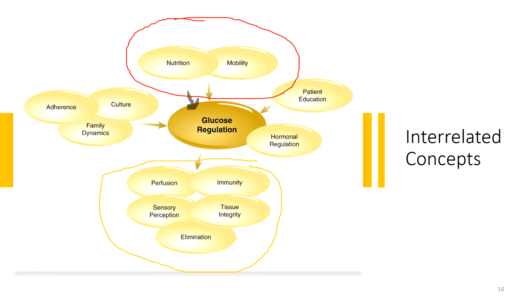Over here where it says adherence, culture, and family dynamics, that is very important because it influences the behavioral changes needed for optimal health.